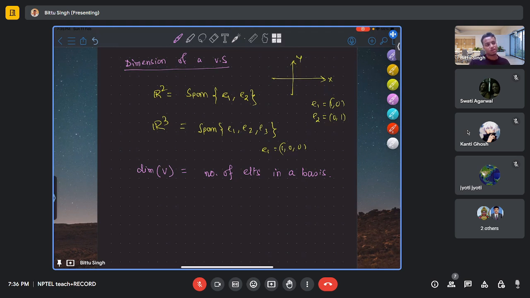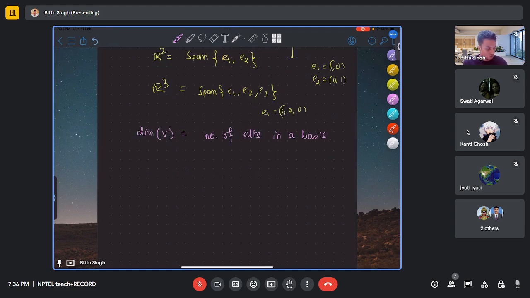Now the question arises whether we can take different bases also. As was asked earlier, R3 can be written as the span of E1, E2, E3, and it is also the span of these elements: E1 plus E2, E2 plus E3, E3 plus E1.